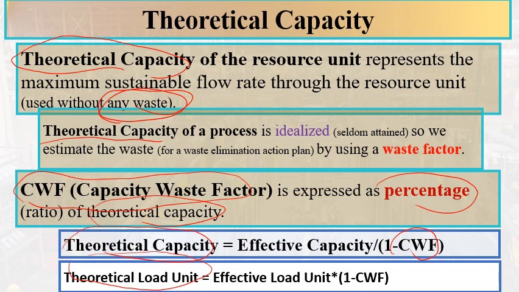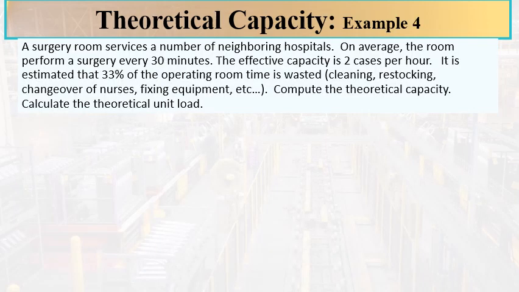So the capacity waste factor is basically the ratio of how much of the theoretical capacity is waste. And using that ratio, we're going to be able to calculate the theoretical capacity knowing the effective capacity and CWF, or the effective capacity knowing the theoretical and the CWF. So let's look at an example.